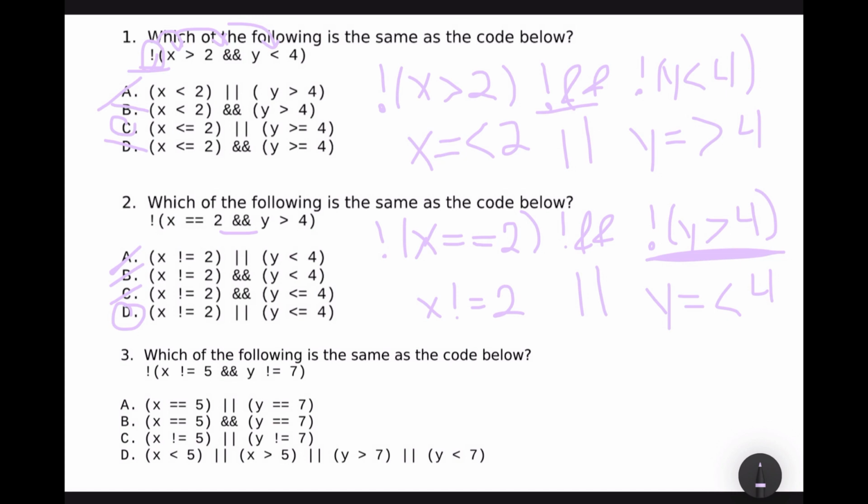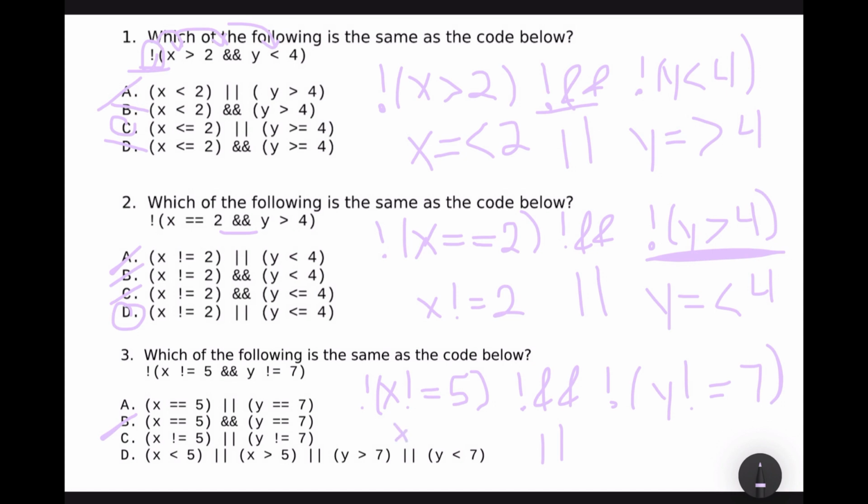Now question number 3. Okay, so let's distribute this. Not, and not 7. Okay, so we know this has to be or, so we know B is wrong. The next thing we know is that not x, so x cannot equal 5 cannot happen. So it's saying not x equals 5, right?